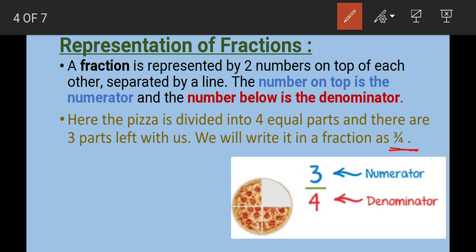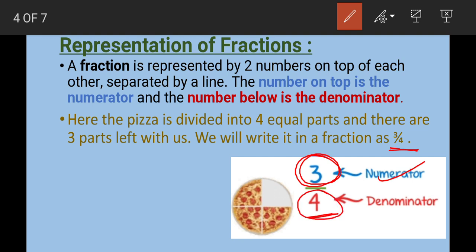So while we are writing the fraction, what to do? First we have to count the part left here. Here 3 parts are left, so you write 3 in place of the numerator. The upper number is 3, which is known as the numerator. And what is the total number of parts? Here it is divided into 4 equal parts, so 4 is the total number of parts, the whole. You write the whole in place of the denominator, that is the number just below the bar.